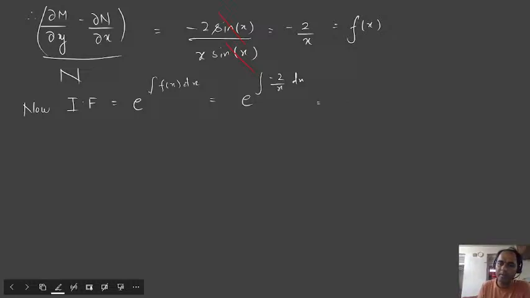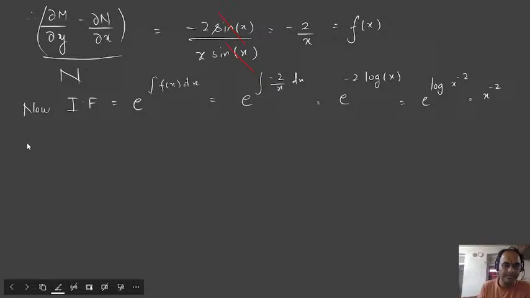So this is e raised to minus 2 log of x. So this is e to the power log of x raised to minus 2, that is x raised to minus 2, the answer over here for our integrating factor.